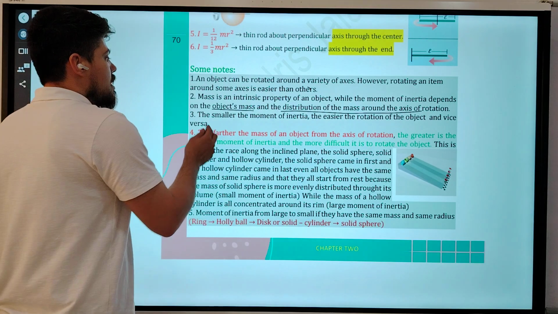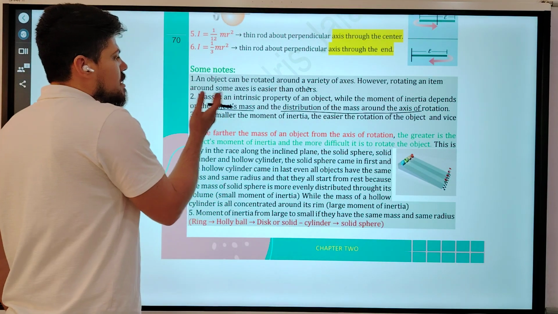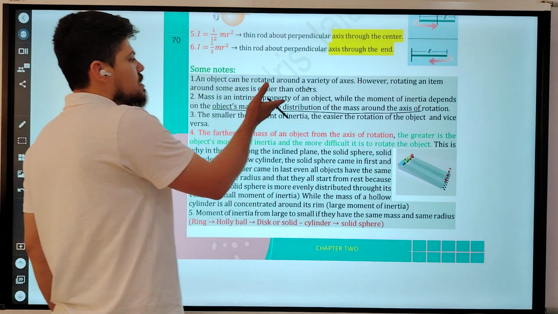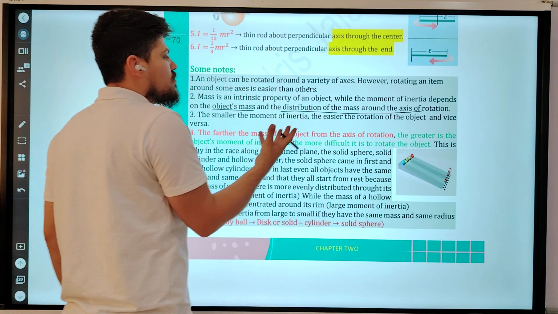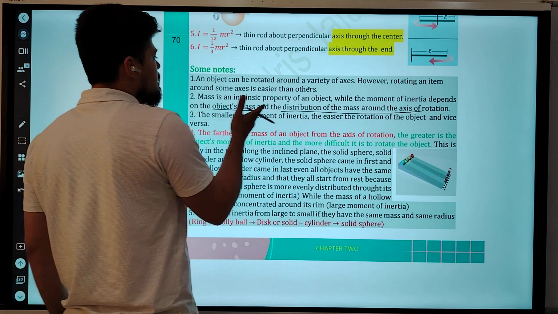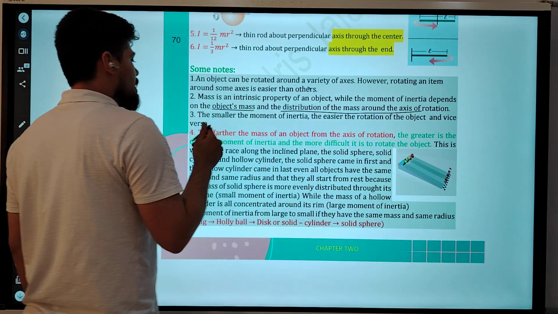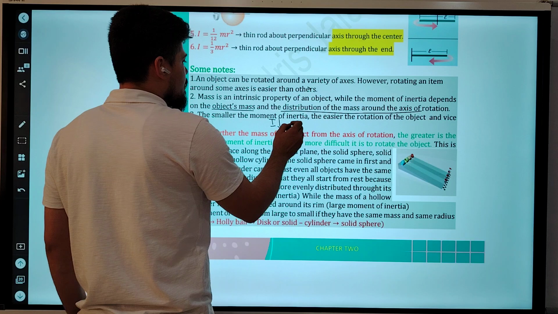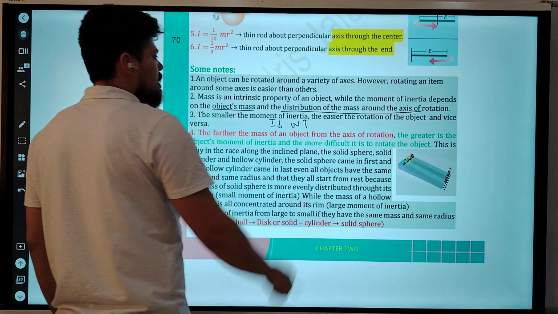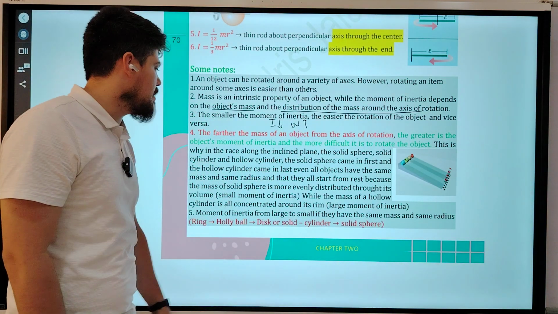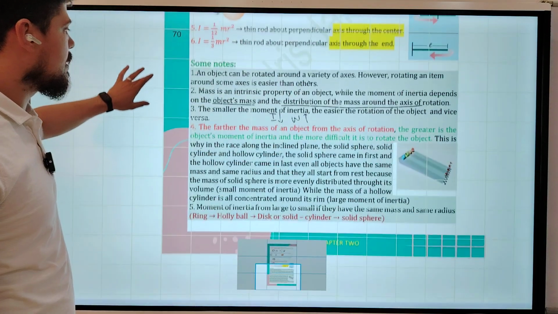Be careful, this is the difference between mass and moment of inertia. The smaller the moment of inertia, the easier the rotation of the object, and vice versa, because they are inversely related.